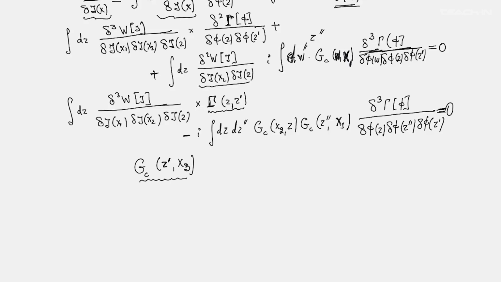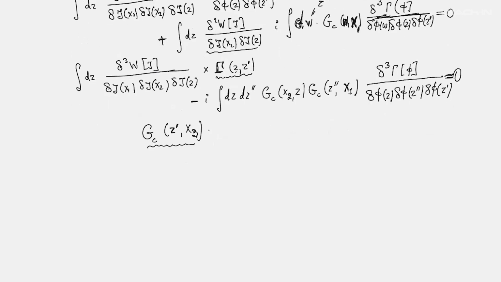So on the left-hand side, I will get the third derivative of W over j, delta j on x1, delta j on x2, delta j on x3. This is what I will get on the left-hand side.